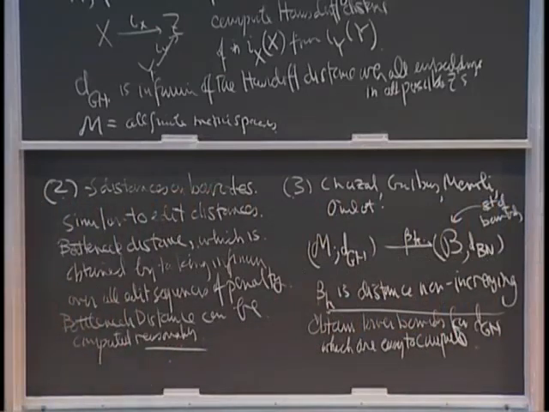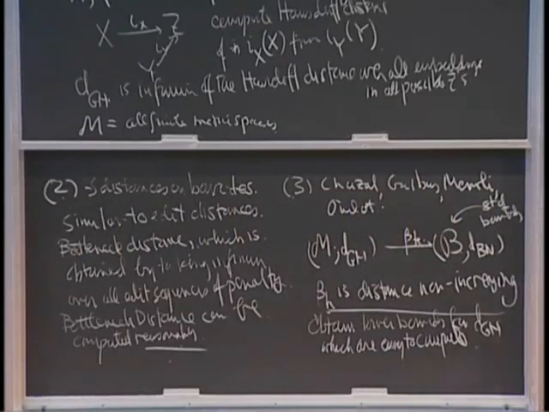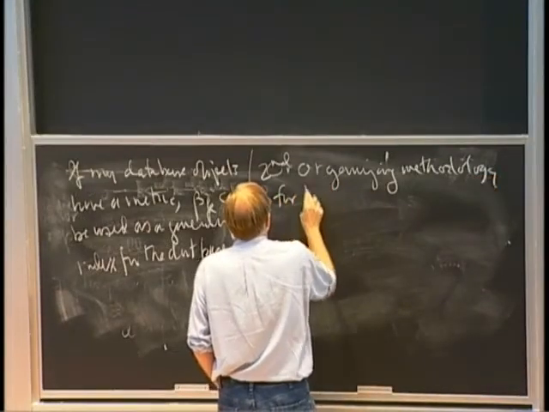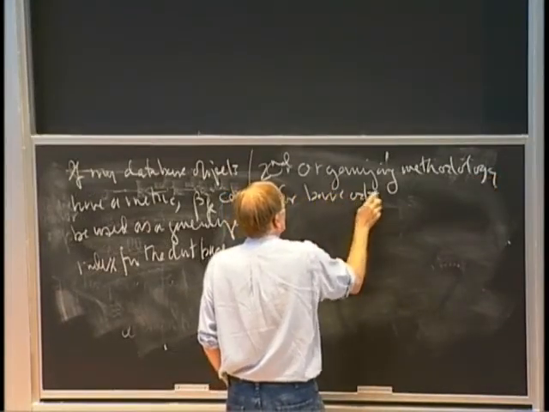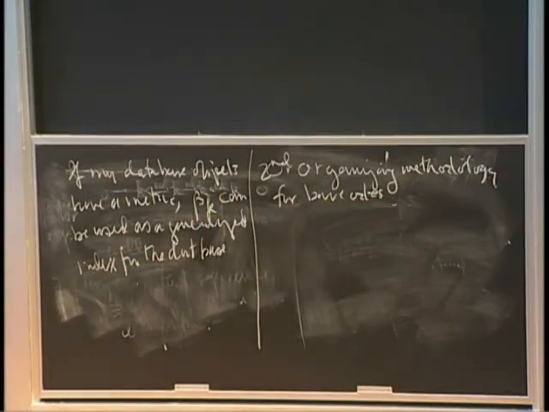But now I want to move to another organizing principle or organizing methodology for barcodes. Second, rather than putting a notion of distance on it, suppose I tried to make coordinates on it.